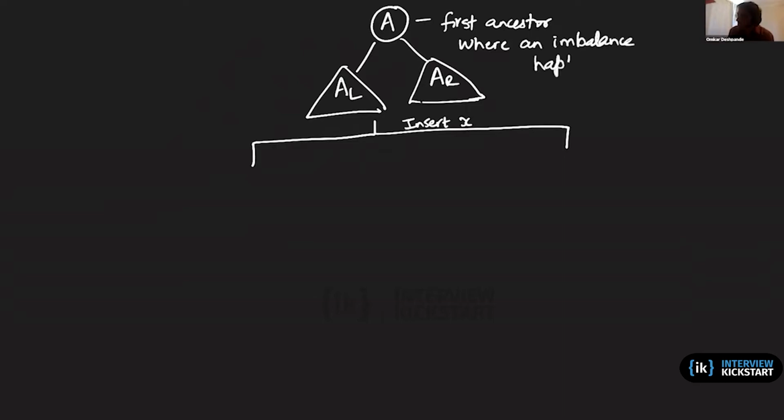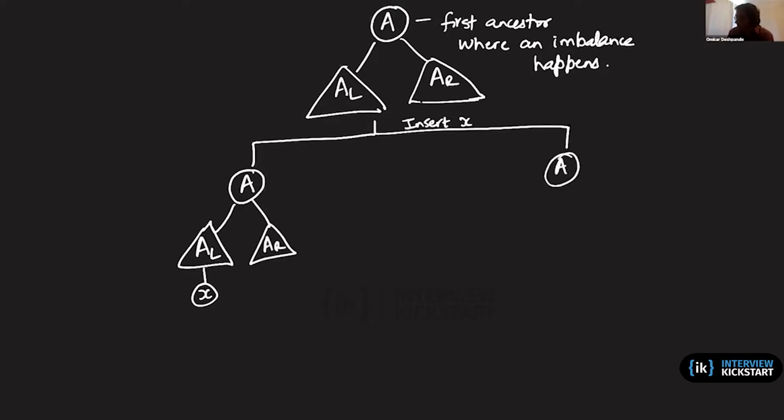It doesn't have to be the grandparent, it could be maybe the great grandparent or some node further up. So when we inserted X, we could have inserted it either in the left subtree or in the right subtree. Maybe X was added somewhere in the left subtree, the right subtree was still the same. Or maybe X was added somewhere in the right subtree with the left subtree being the same.